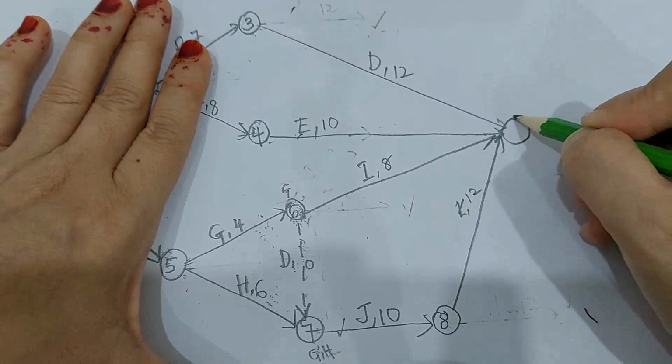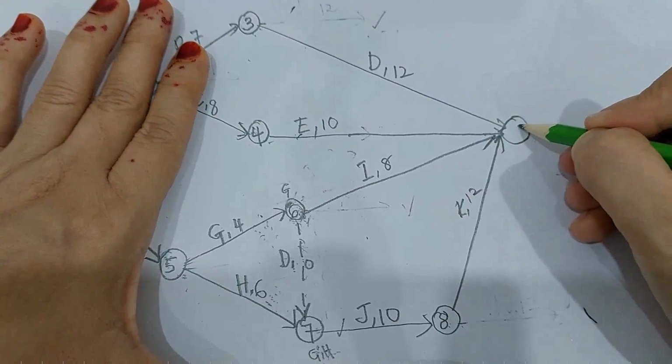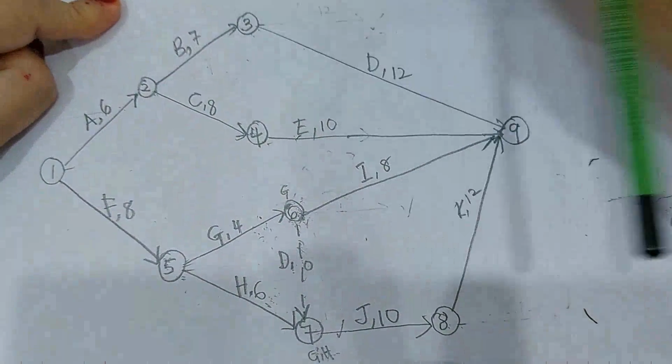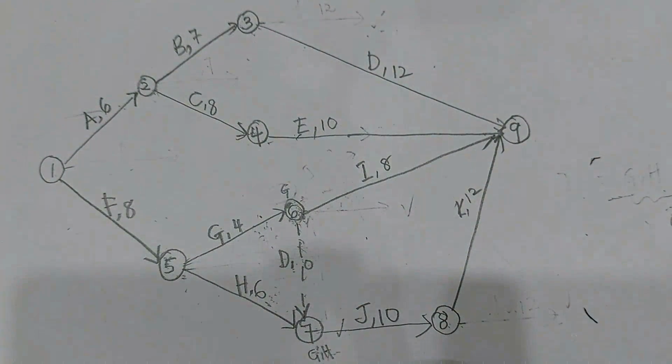So in the end we have one ending node, number 9. Okay, so this is a complete PERT network diagram.